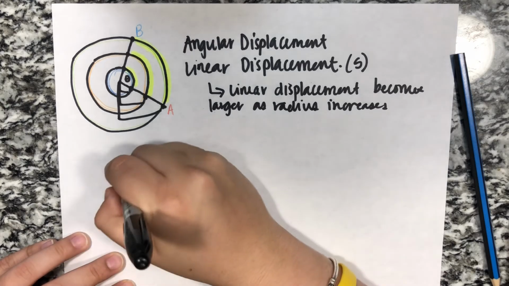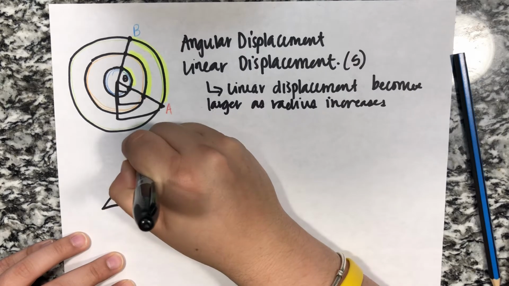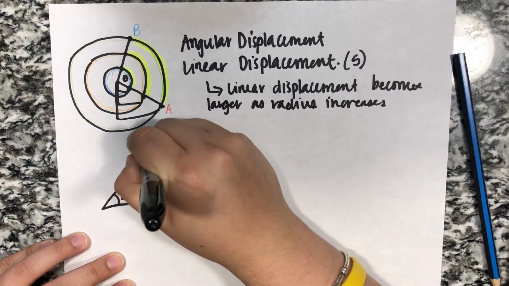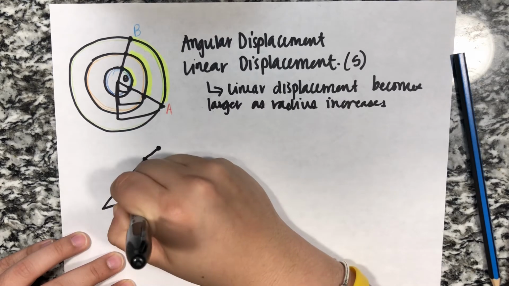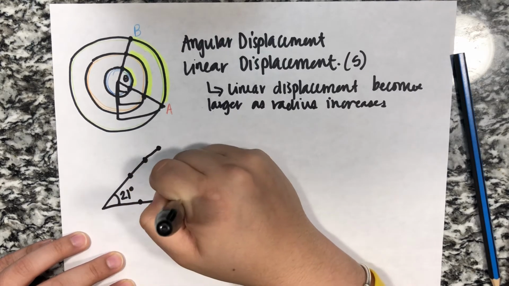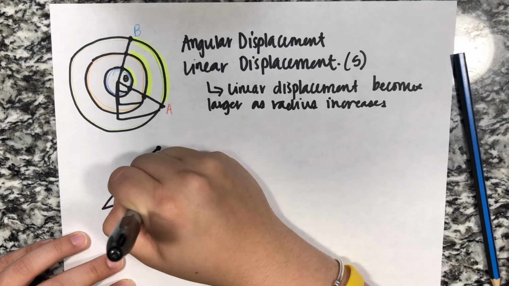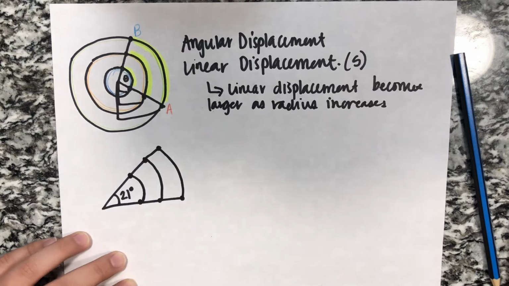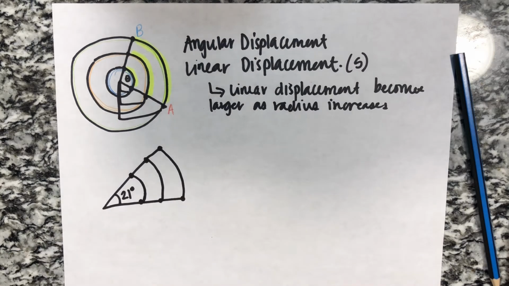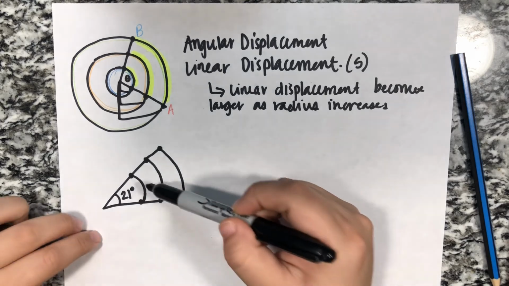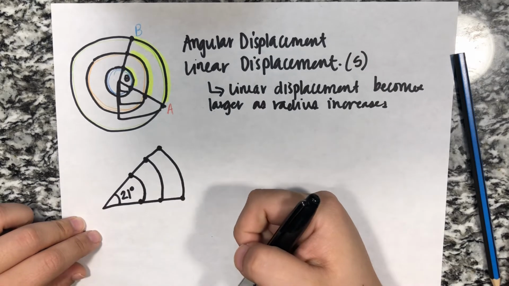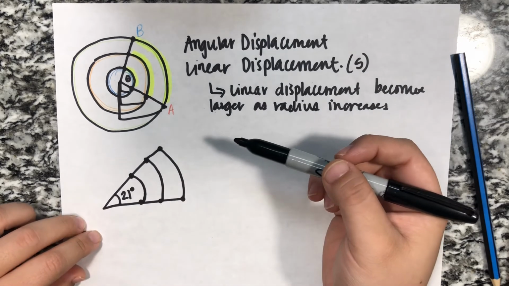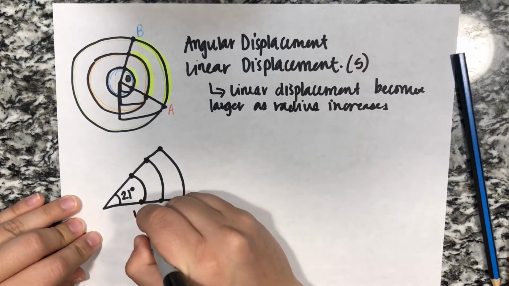Now, let's say I add points here the same way they're on the circle. Does this angle change? That's the question you should be asking yourself. Does this angle change for each of these different arcs? Your answer should be no. The angle does not change.